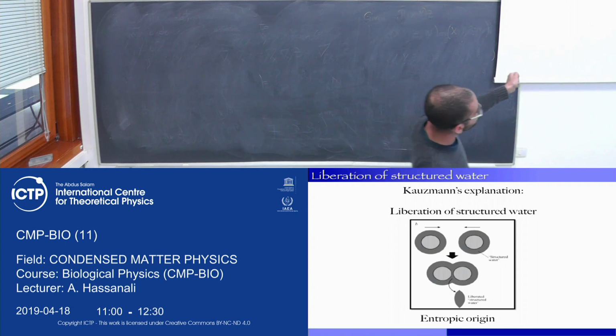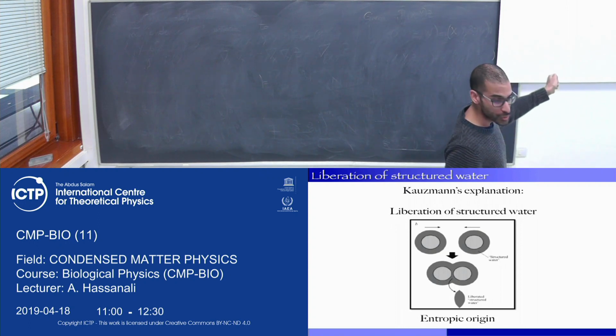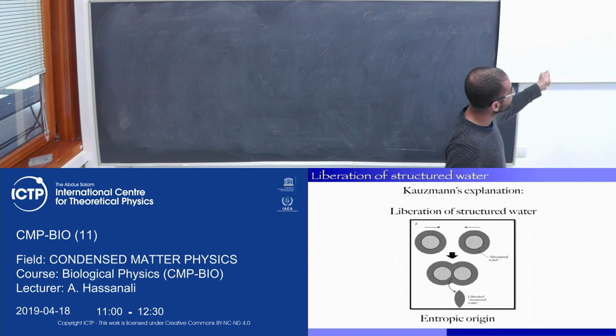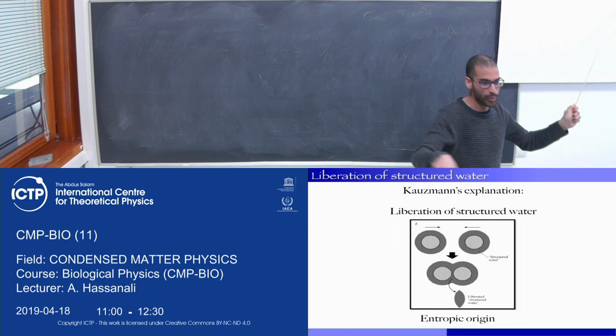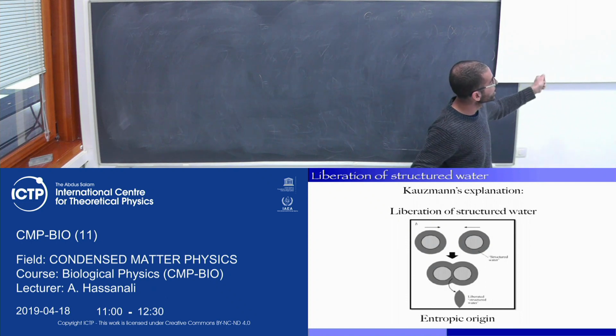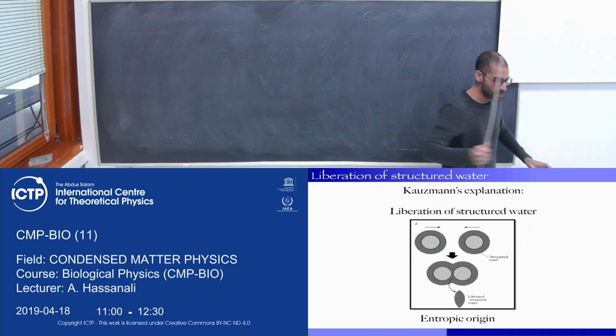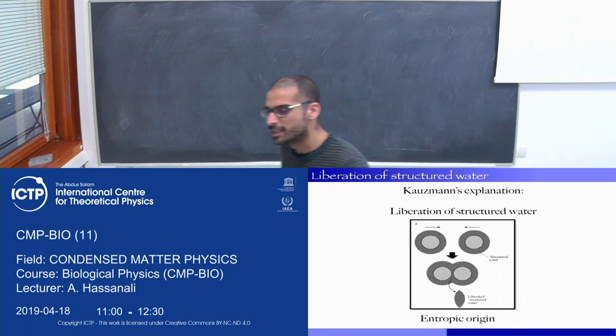Well, the idea is that if I have two neon solutes in water, and I bring them close to each other, and they both have an iceberg cage around them, then when they come next to each other, this liberates water, and this increases the entropy of water.